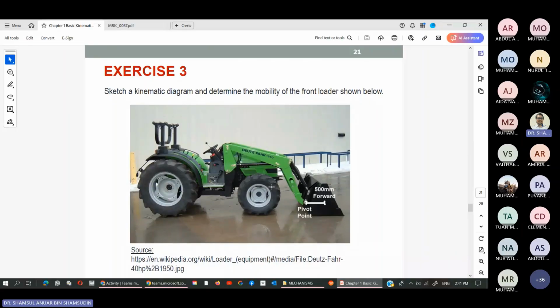The front loader makes this thing able to, instead of just pulling something at the back, also do work with the front part to move some dirt, some earth, up to the lorry or to the truck, dump truck.